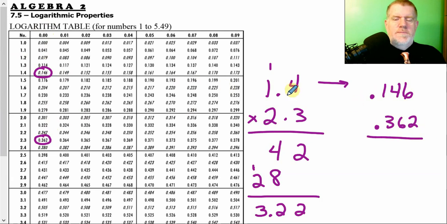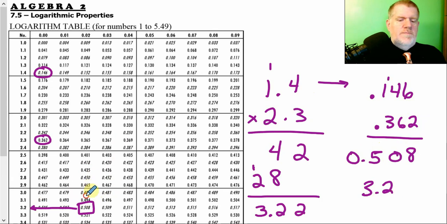So what you do is you look up the numbers, you write these down, and instead of multiplying, now you add. Carry the 1, we get 5. Then you look back at your table and you look for 0.508. 0.508 is right here. So if I look over, it's 3.2.